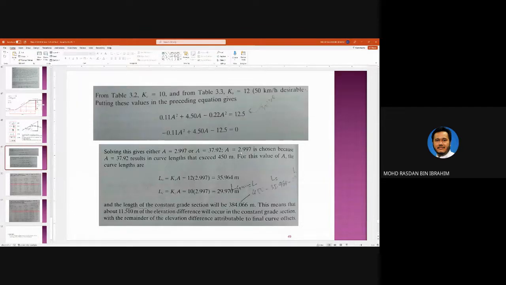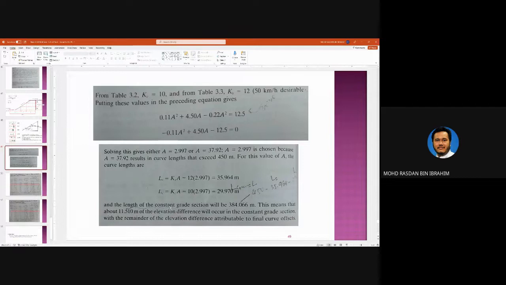So you choose 2.997 because this will result in a curve length exceeding 450 meters. So you use this 2.997, plug it into this L formula, you get LS equals 35.964 meters and LC equals 29.970 meters. Okay, we know now.